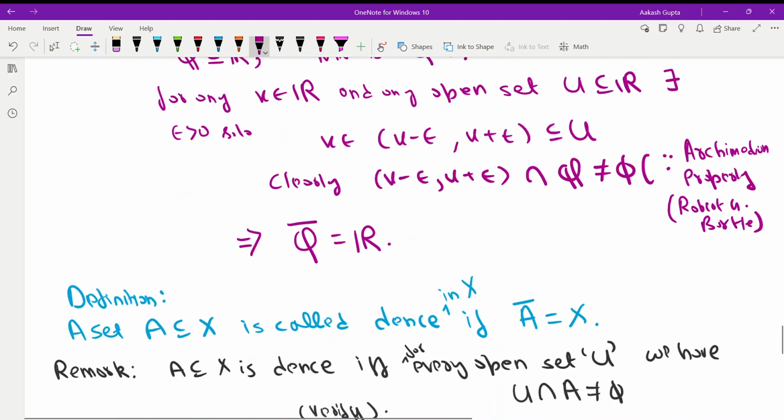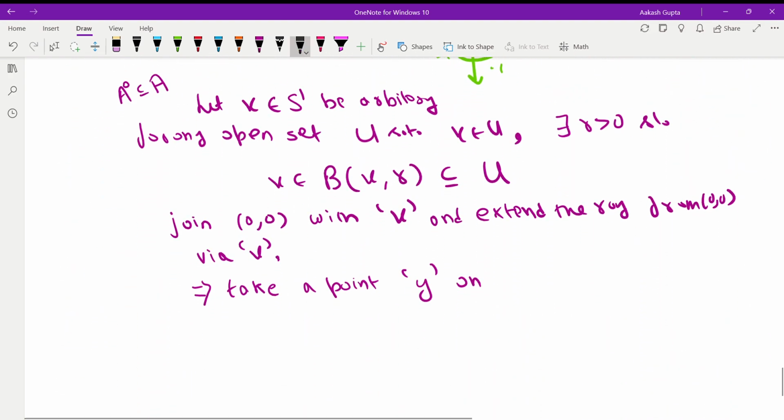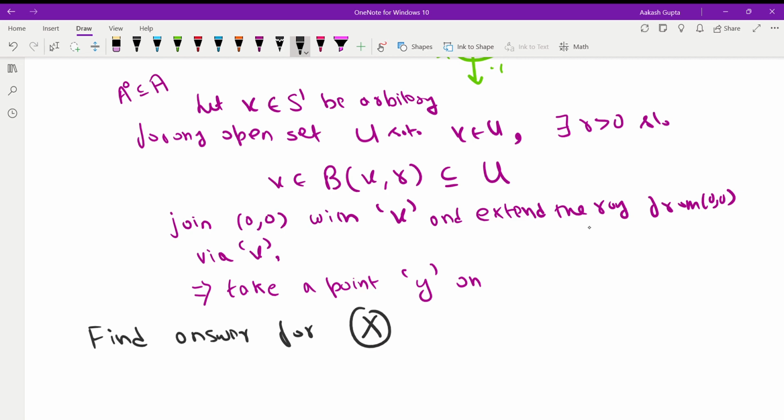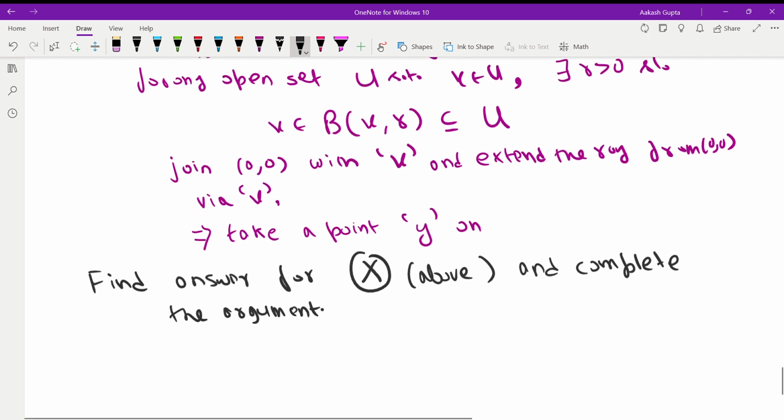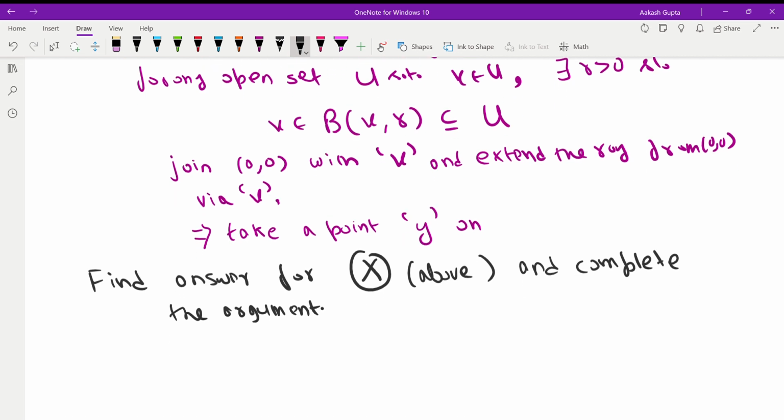So let us mark it with a cross: find the answer for the above and complete the argument. Because I haven't told you when a point qualifies to be in the interior, that is what I have to use here. That's why I have stopped for a moment in between.